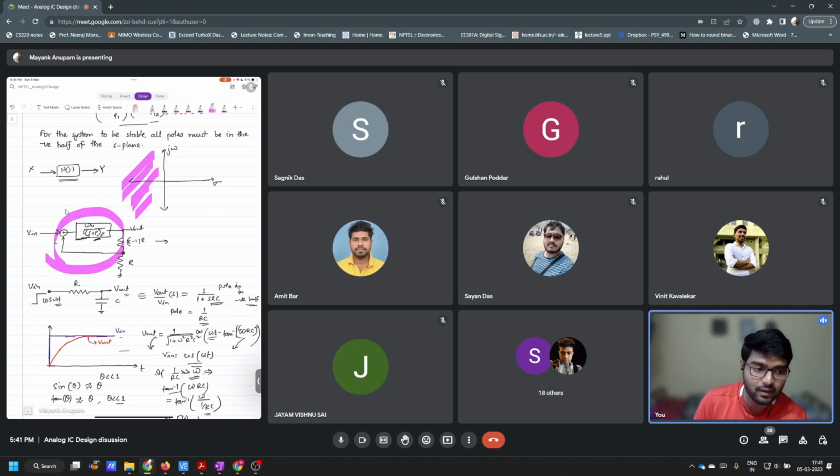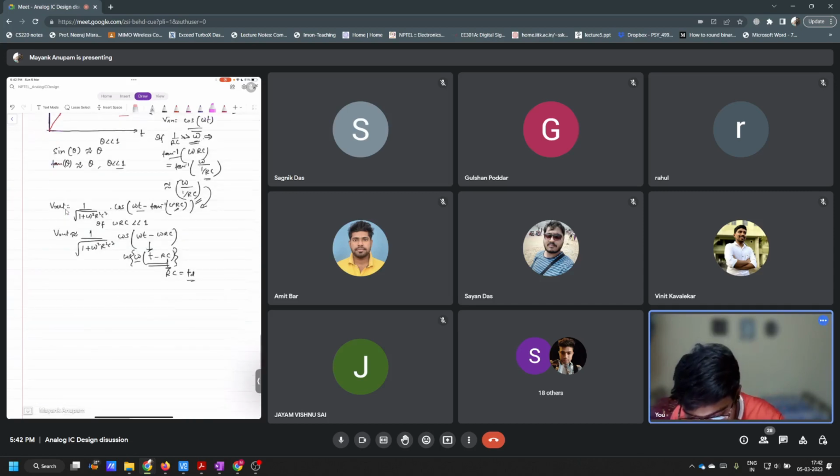It acts like a delay in the feedback system, and you know that when you have a delay in the feedback system, the system has a tendency to become unstable. So the extra poles that you add in the system are going to cause a problem of instability in the system. That is what you saw.